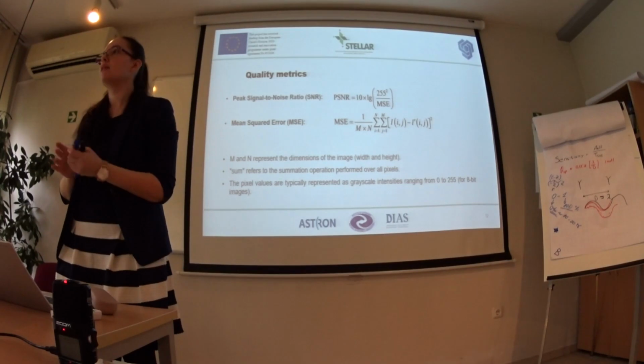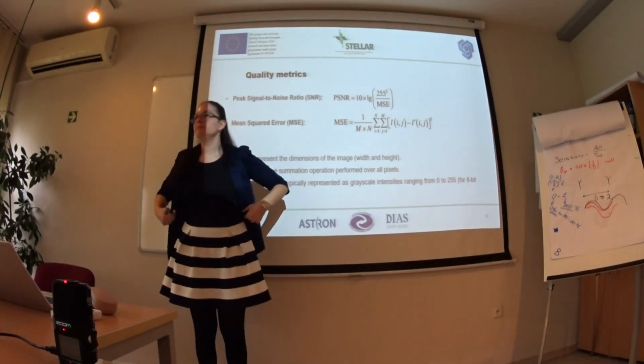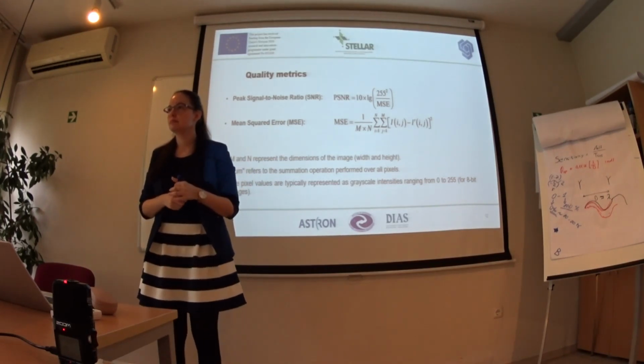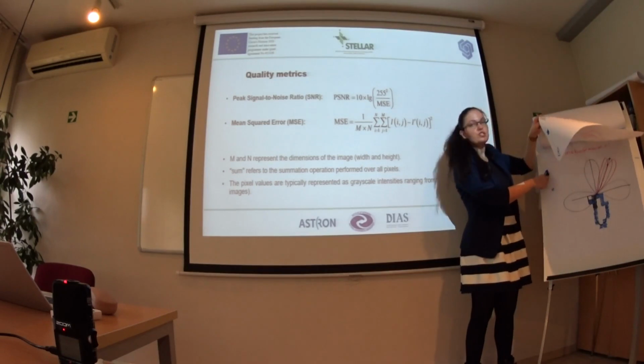I want to ask you something about the second formula. After the sum signs, we have E of i and j. So this is the signal in a specific pixel of the matrix. This is the information stored in the particular pixel. And E prime will be the processed one.